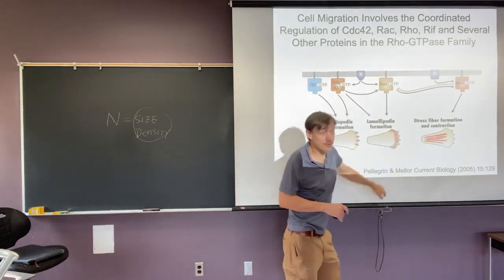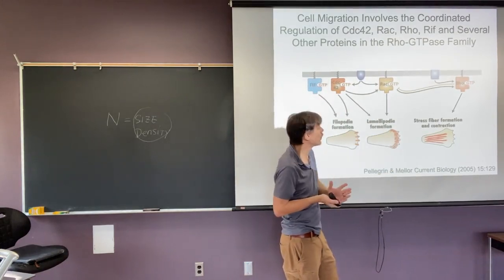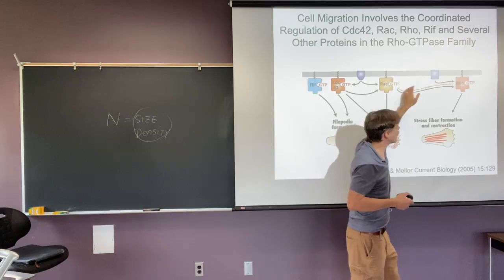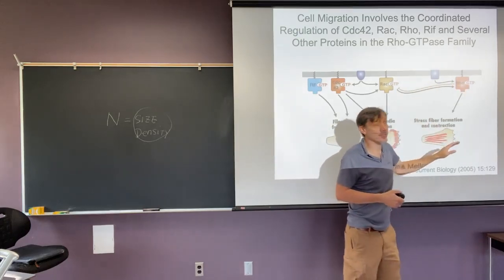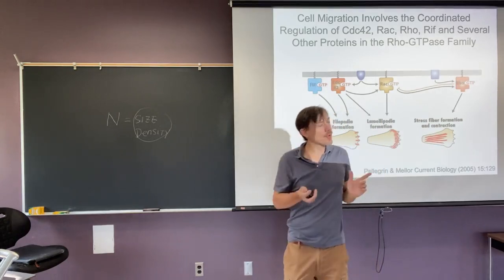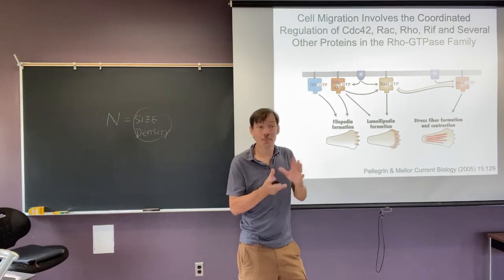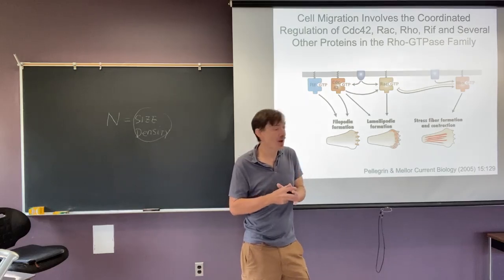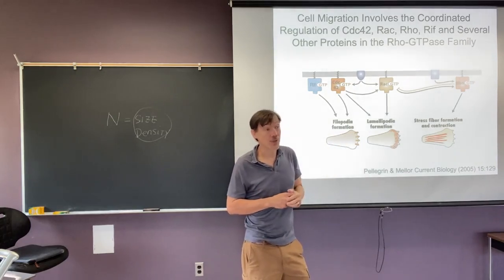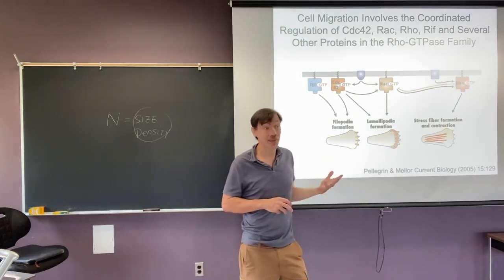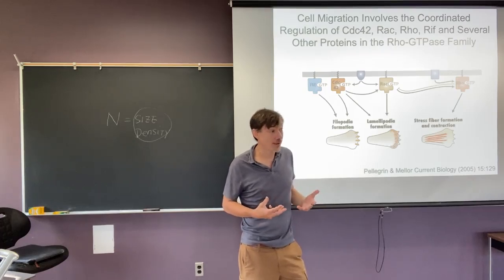RAC drives lamellipodial formation, so that's over most of the P domain of the growth cone. And then Rho itself activates stress fiber formation and contraction. So in neurons, there aren't stress fibers per se, but you do get bundles of actin filaments and whatnot. And Rho is actually really important for axonal elongation. It's one of the few targets that seems effective in promoting regeneration of neurons in the body.